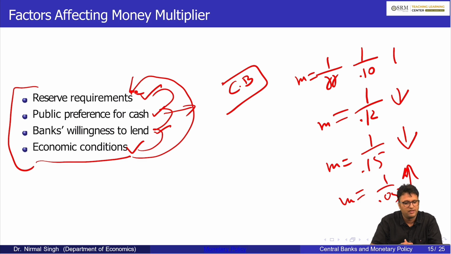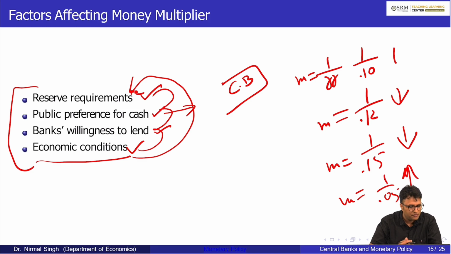Next is public preferences. When the public wants to keep less cash, when they find it worth investing, they won't be holding more money with them. Banks' willingness to lend is also impacted by the economic condition. If economic condition is good, those investors who are borrowing money will be able to repay, so banks will be happy to lend to them.